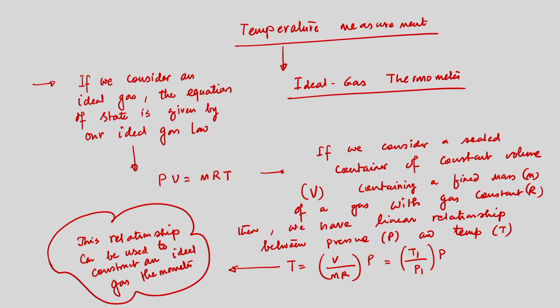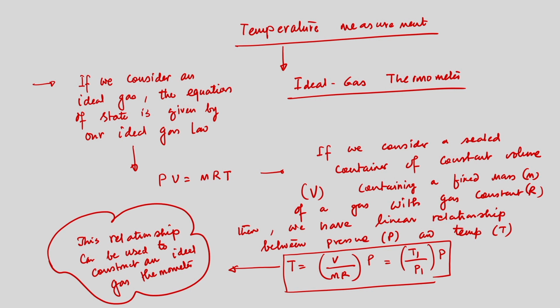Of course, if we now closely look at this expression, we can say that the thermometer can be calibrated by examining one point where temperature is T1 and pressure is P1.